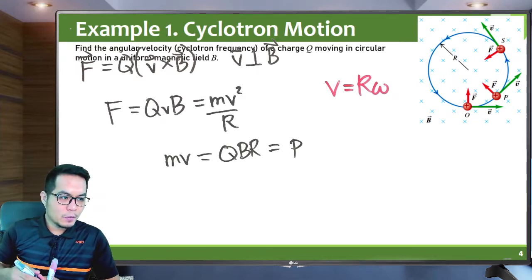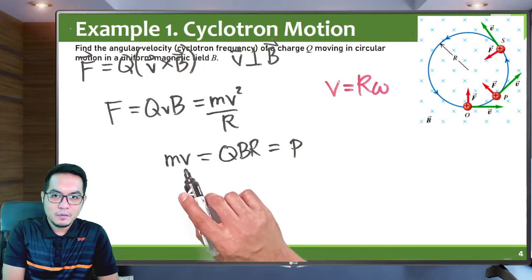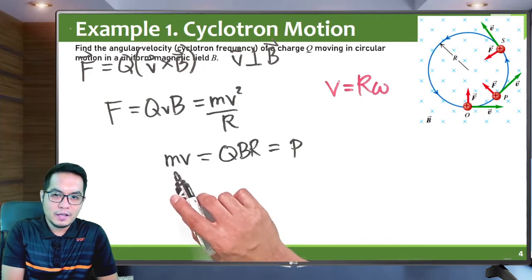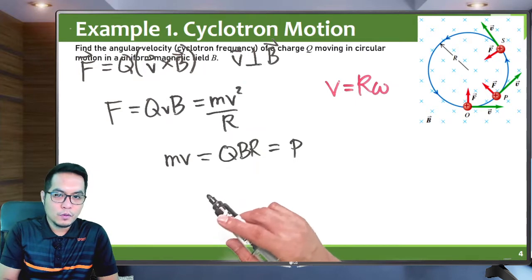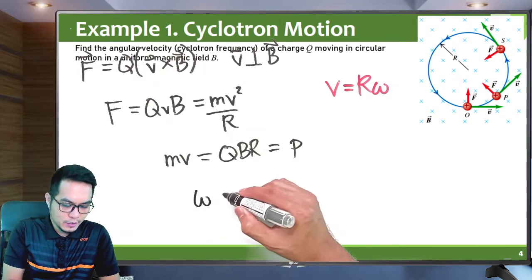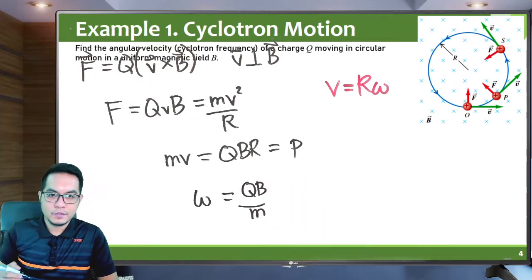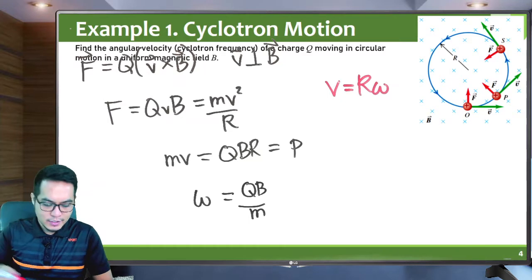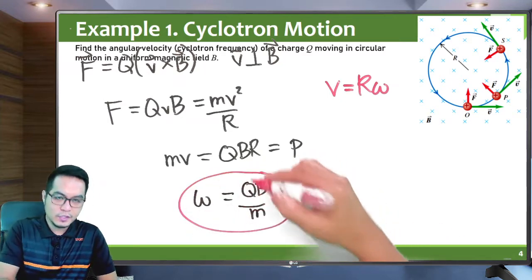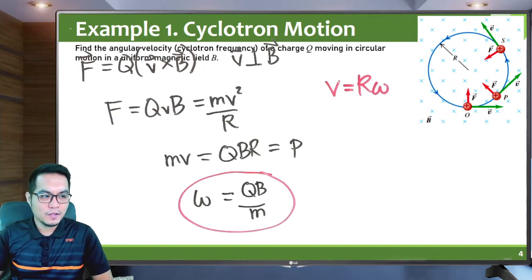So if you replace v here with r omega and solve for omega, then we can get omega is equal to qB over m. So this is actually the cyclotron frequency. So this is actually what is asked in the problem, the cyclotron frequency.